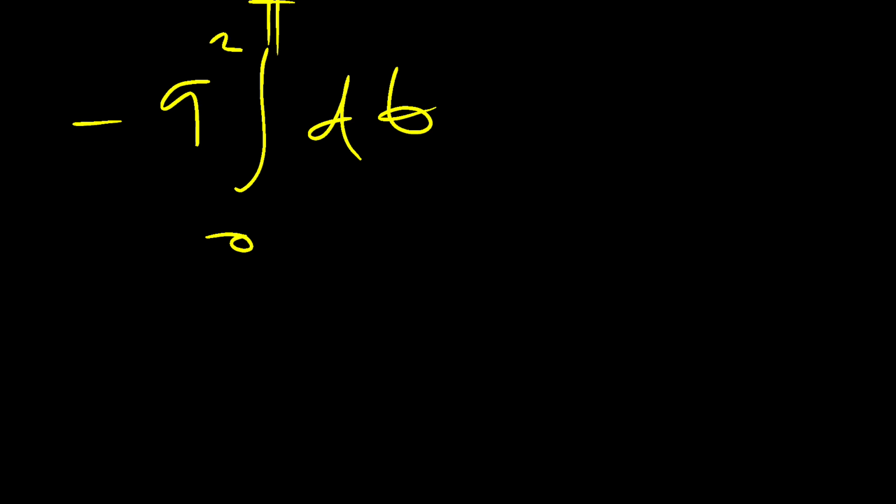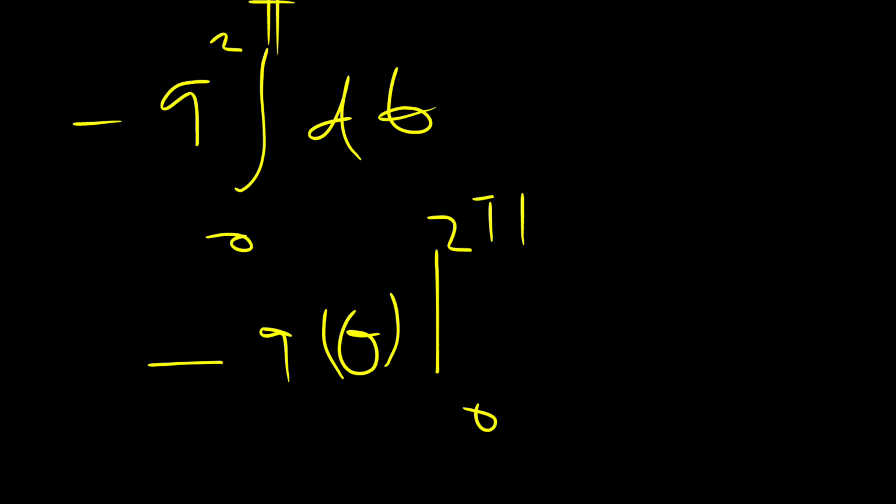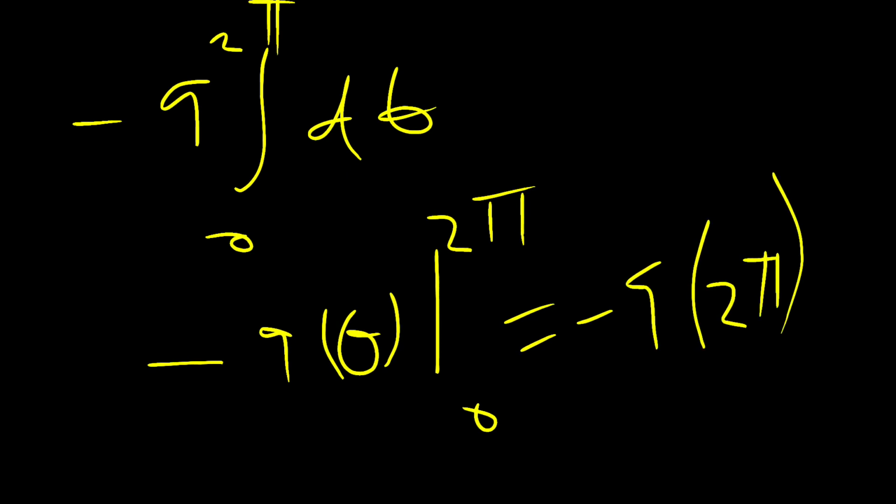This gives negative 9 theta from 0 to 2 pi, which is negative 9 times 2 pi, so negative 18 pi.